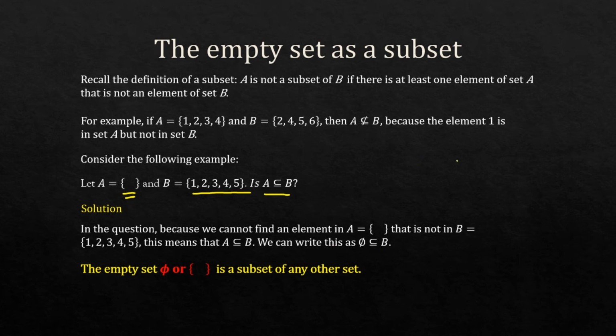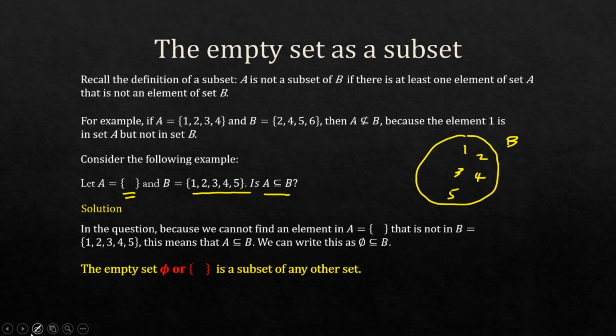So as an example, if set B was {1, 2, 3, 4, 5}, here, this is our set B. Where's our empty set? Let's change the color. Set A could actually be drawn in here as an empty set.